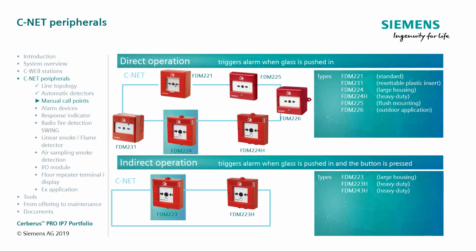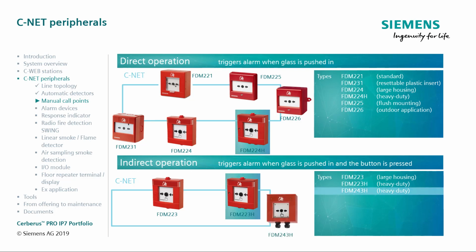The large housings for these two manual call points are mechanically identical, but the switching unit is different. The heavy-duty housings have the same criteria as the large housings, which means they have different switching units but are mechanically identical. Finally, there is a manual call point in a heavy-duty housing for wet, humid, and dusty areas.